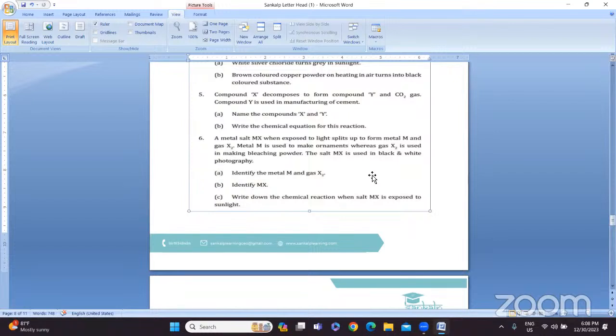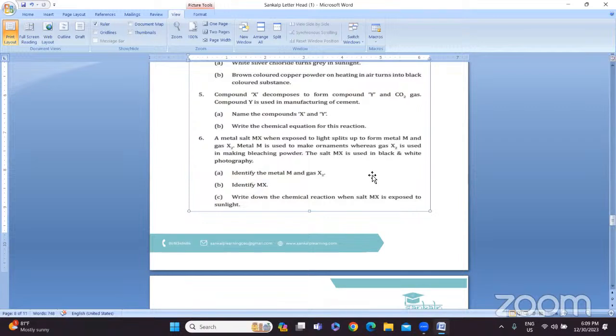A metal salt MX, when exposed to light, splits up to form metal M and gas X2. This metal M is used in making ornaments, whereas X2 gas is used in making bleaching powder. The salt MX is used in black and white photography. So there is a metal salt, a metal and X, a metal halide, which is exposed to light. When this metal halide is exposed to light, it will split to give you metal and gas X2.